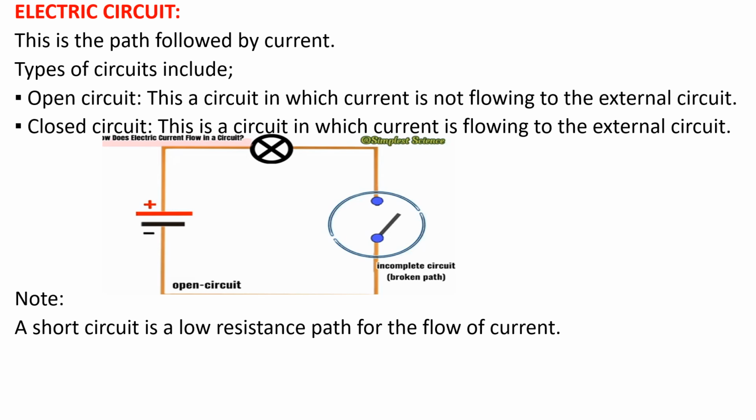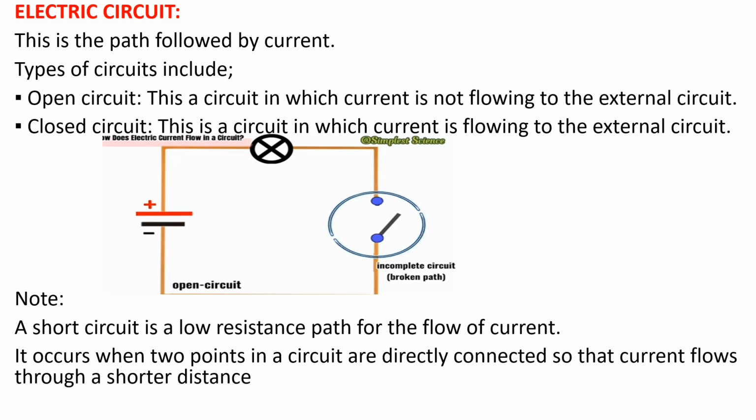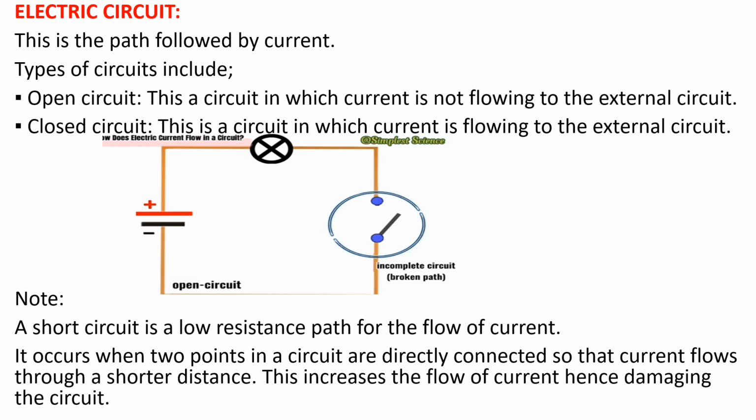It occurs when 2 points in a circuit are directly connected so that current flows through a shorter distance. This increases the flow of current, hence damaging the circuit. Oh, that is very true. Too much current in the circuit spoils the circuit.